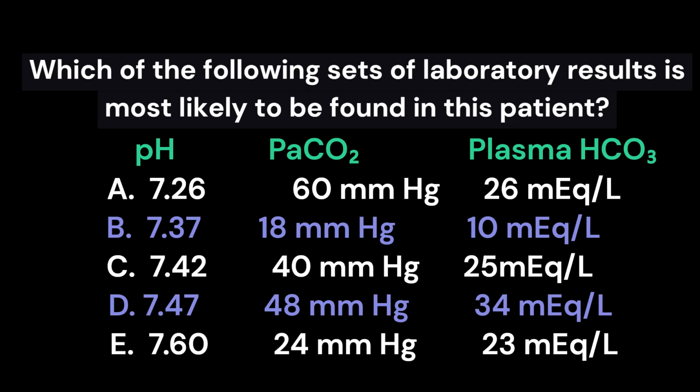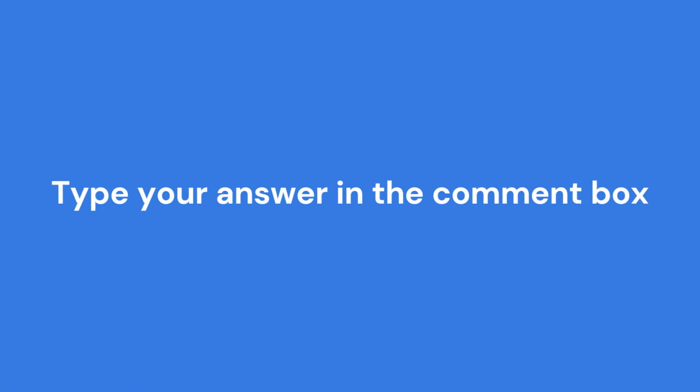Arterial partial pressure of carbon dioxide 40. Bicarbonate 25. D. pH 7.47. Arterial partial pressure of carbon dioxide 48. Bicarbonate 34. E. pH 7.6. Arterial partial pressure of carbon dioxide 24. Bicarbonate 23. You have 15 seconds to type your answer in the comment box.